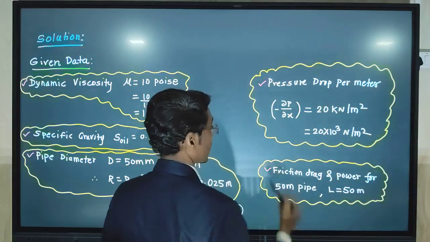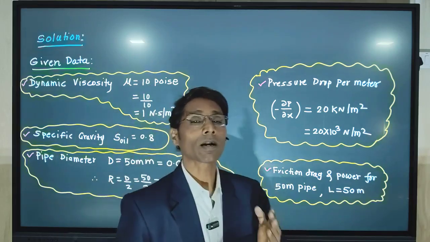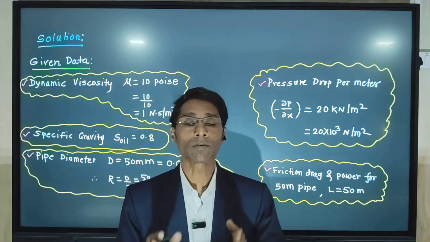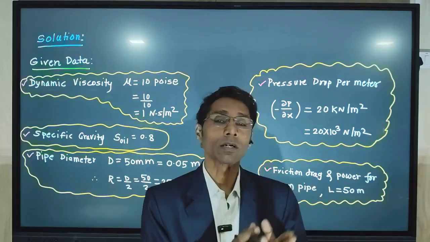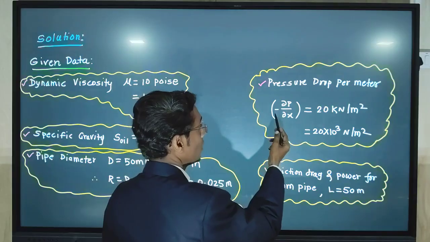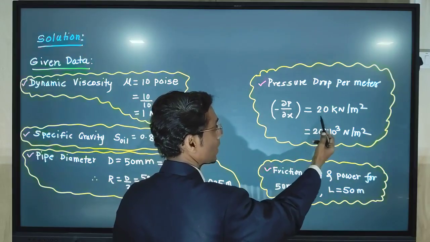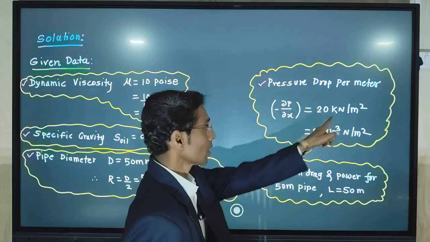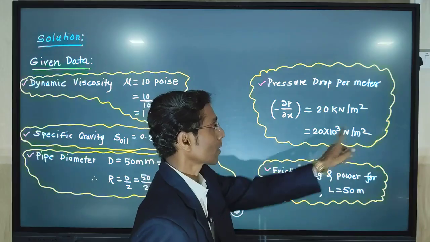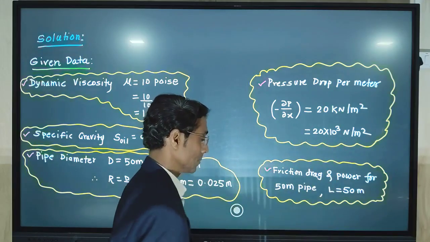Pressure drop per meter, that is pressure gradient we say. So pressure gradient is negative because we have seen in the theory that pressure decreases in the direction of flow. So the value del p by del x with a negative sign, that is given in the numerical statement, 20 kN per meter square, that we convert into Newton per meter square by multiplying it with 10 raised to 3.